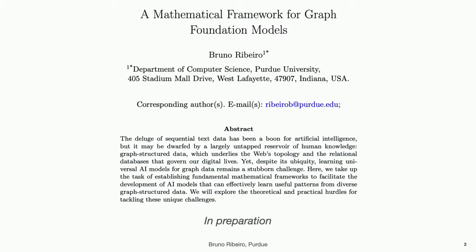I've been writing this thing forever, and it will come out on a mathematical framework for a graph foundational model, at least some view that I have. It's not a final answer to anything, but I would like to start with some preliminaries.